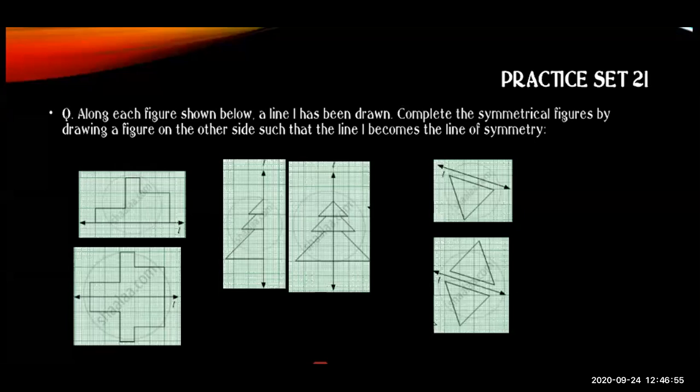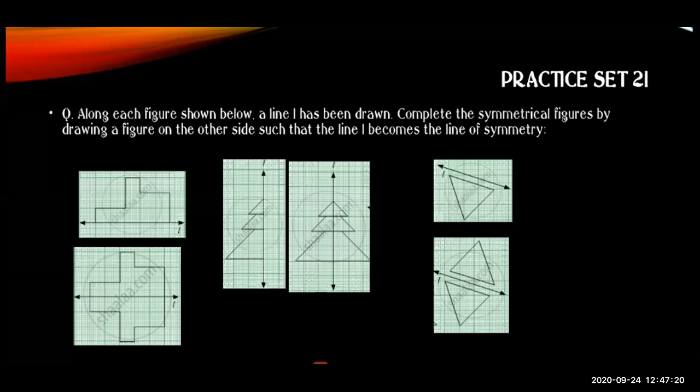Now our last exercise of this chapter, that is practice set 21. Here along each figure shown below, a line L has been drawn. Complete the symmetrical figure by drawing a figure on the other side.